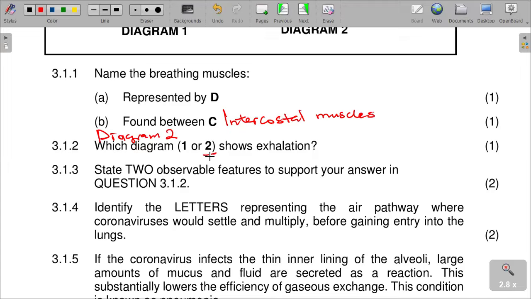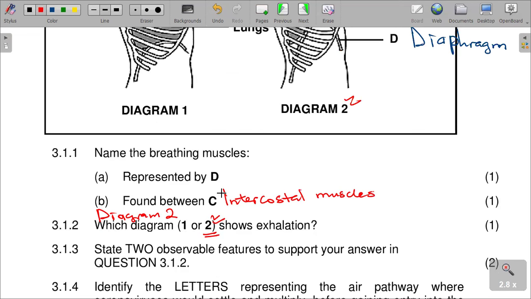It's diagram 2. And then what are the reasons for why we say it is diagram 2?